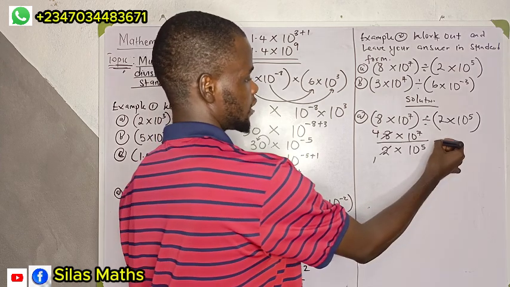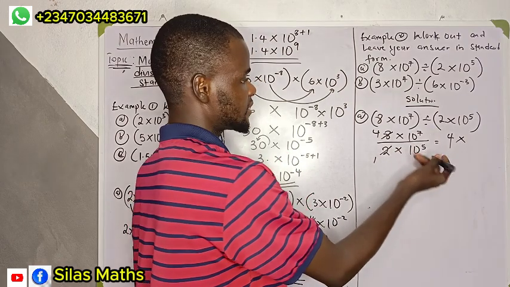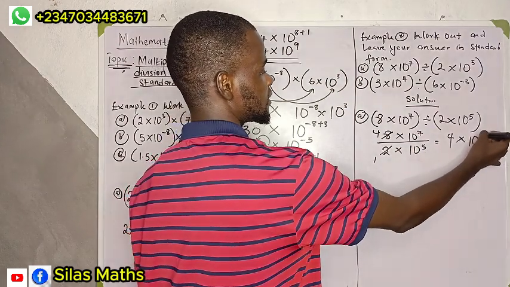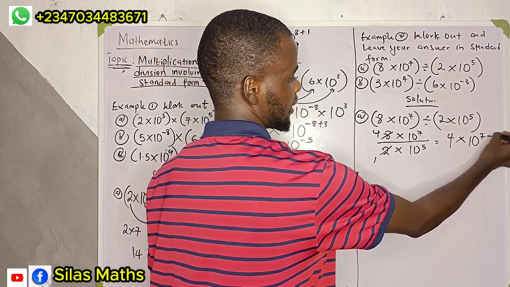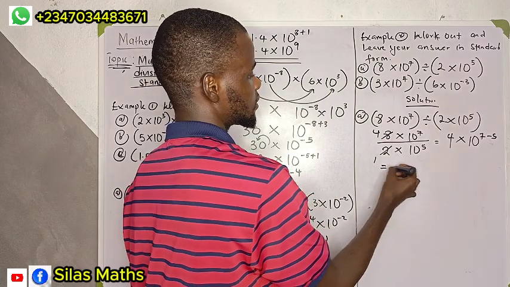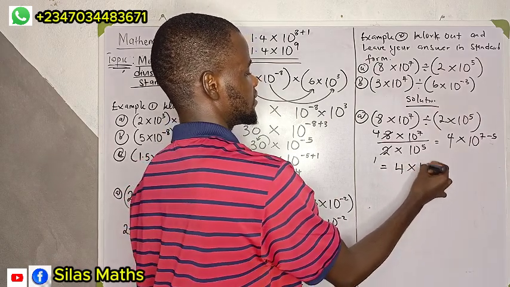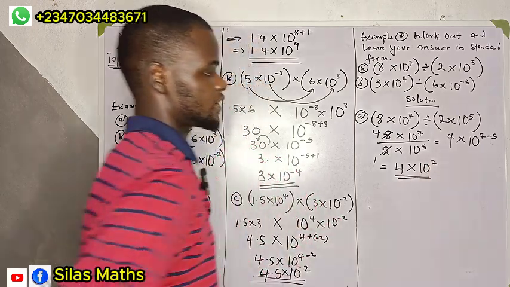Then we have already 4 times, then these are common base. Remember, we subtract their powers, so I have 7 minus 5 in your indices, and that will give us 4 times 10 raised to the power of 2. So that's our answer.